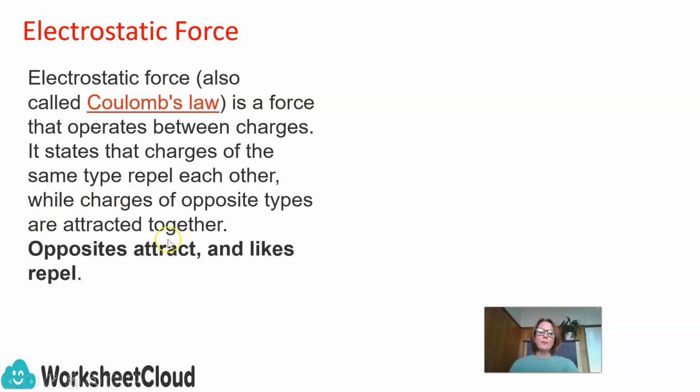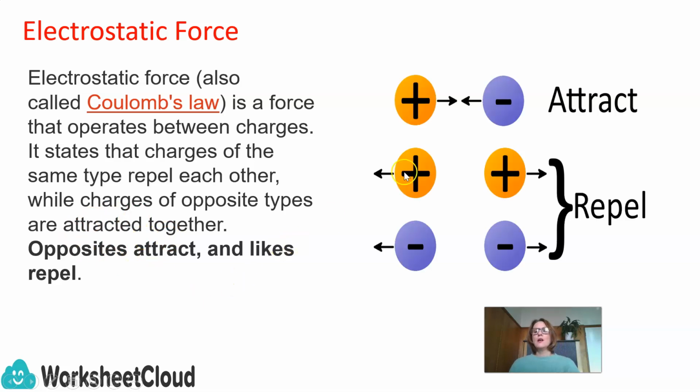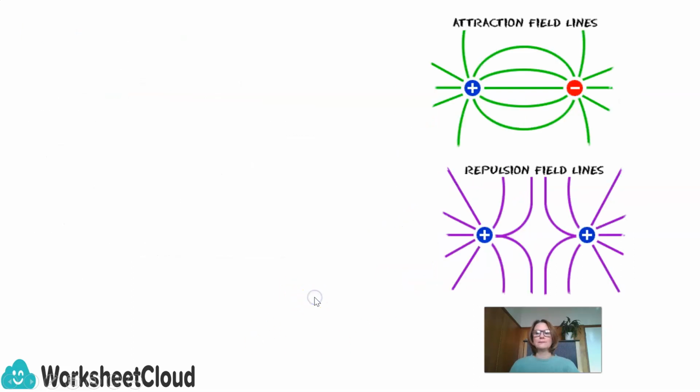So we say that opposites attract, so opposite charges will attract, and likes repel. So here we have a positive charge and a negative charge, and they are attracted to each other. Here we have a positive charge and a positive charge, and they repel each other. The same with a negative charge and a negative charge, they repel each other.